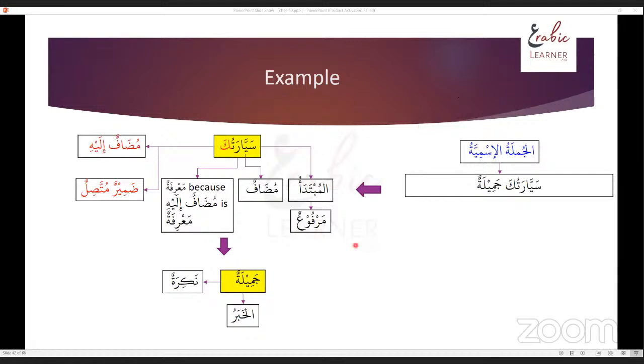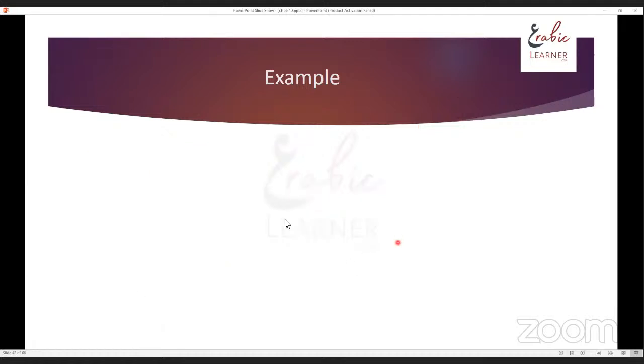Yes. Okay. Now let's go to one example. Abuka wa ummuka fil bayti. Okay. What is the meaning of this?